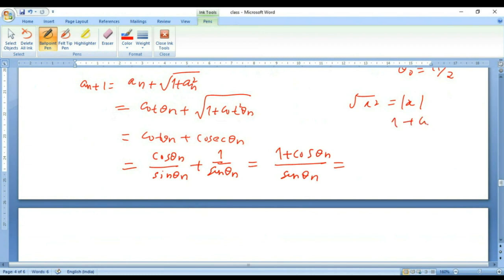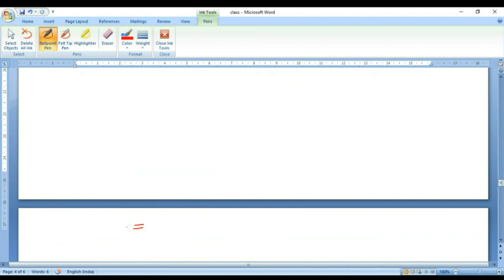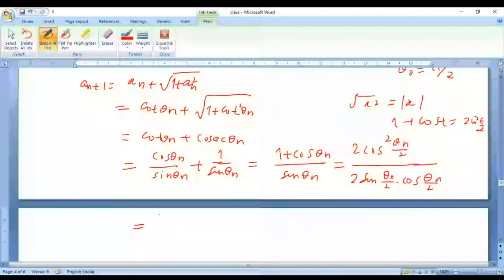Using 1 plus cos t is 2 cos square t over 2, I can write 2 cos square theta n over 2 and whole upon sine t, which we can write as 2 sine theta n by 2 and cos of theta n over 2. And that simplifies a bit, and that gives you cot of theta n over 2.